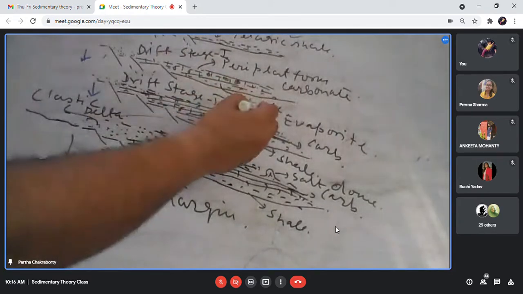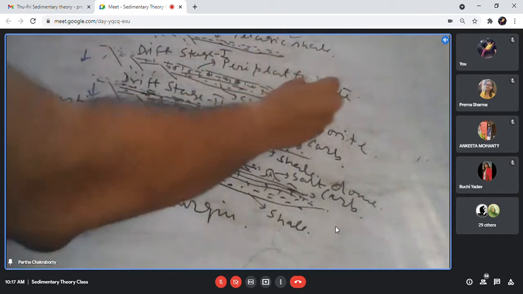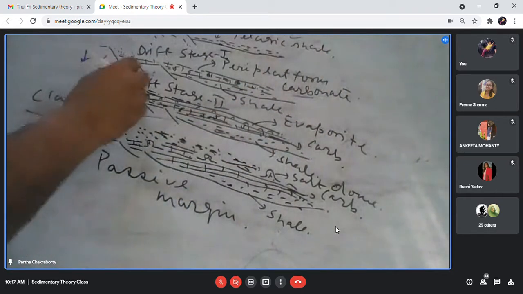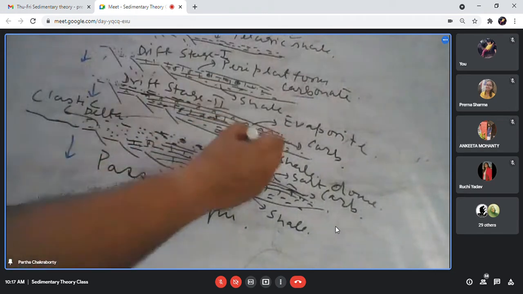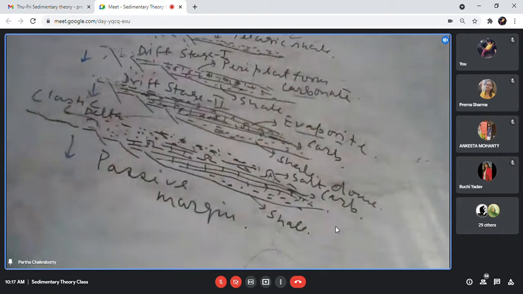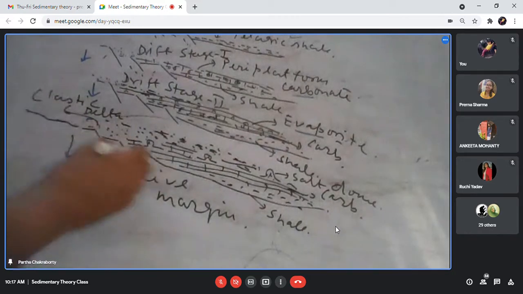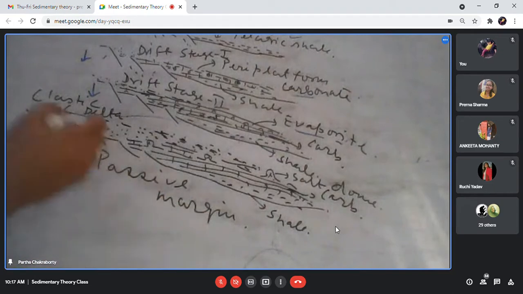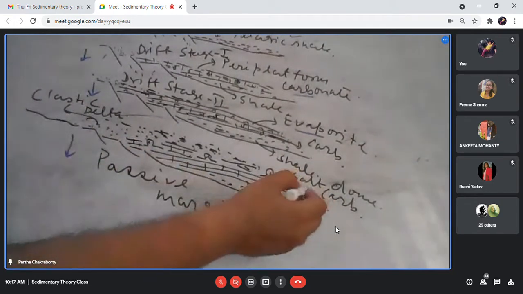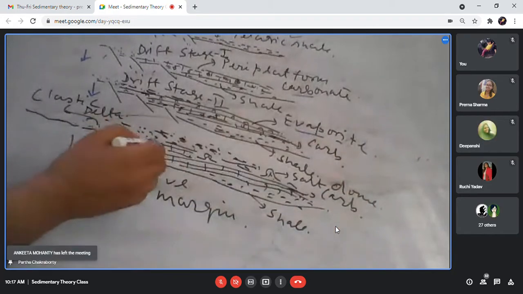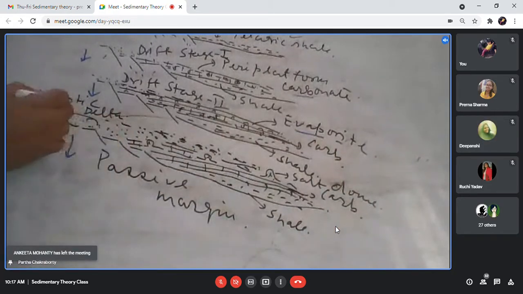So there is shale and above that periplatform carbonate. Then drift stage 2, shale, carbonate, evaporite. Then this is passive margin, shale, carbonate, salt dome. This is clastic delta.